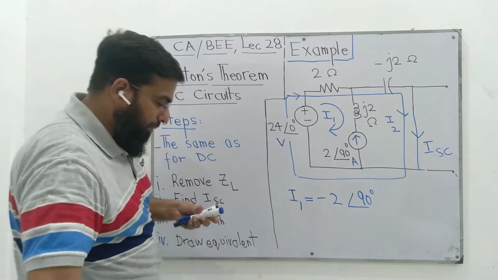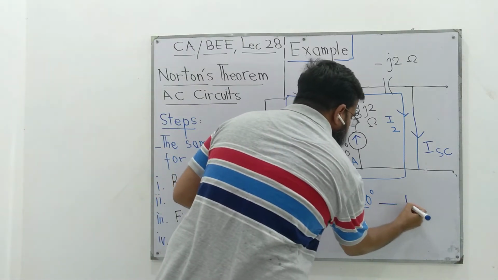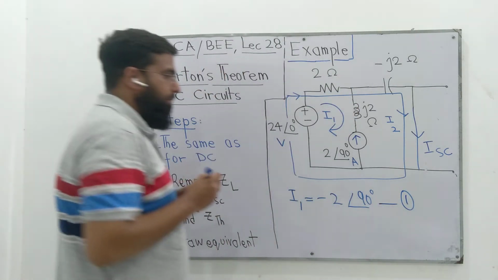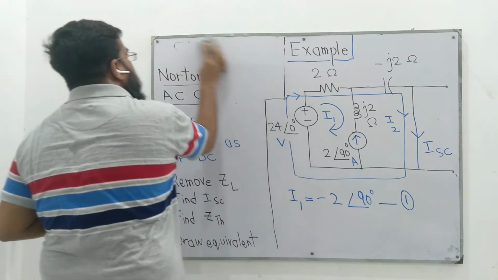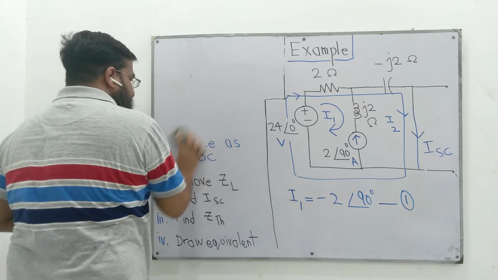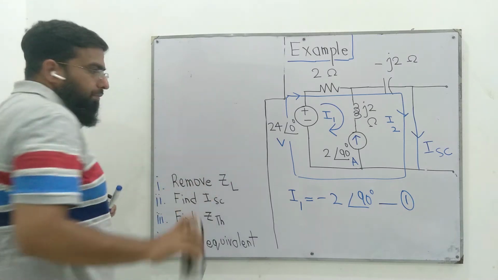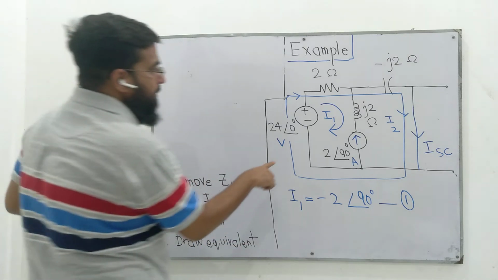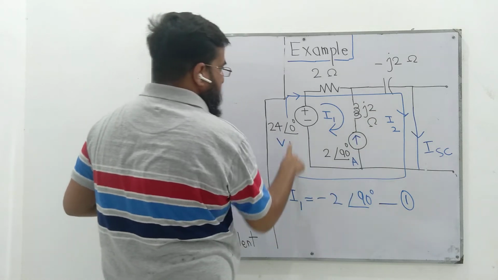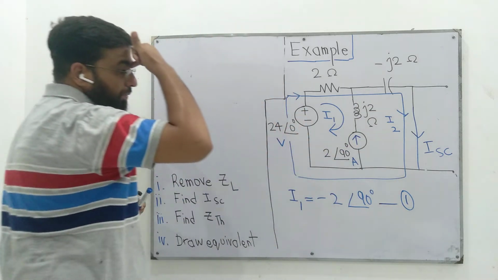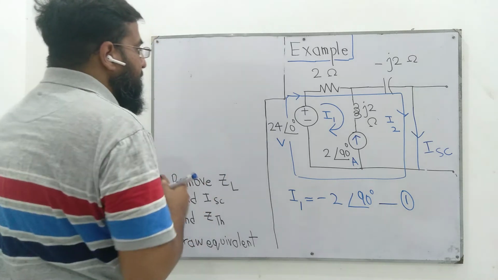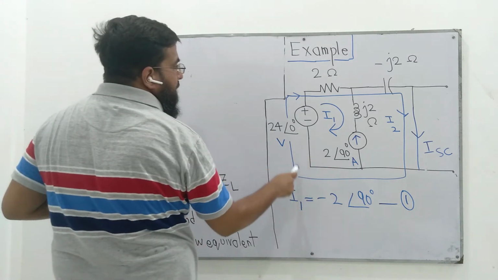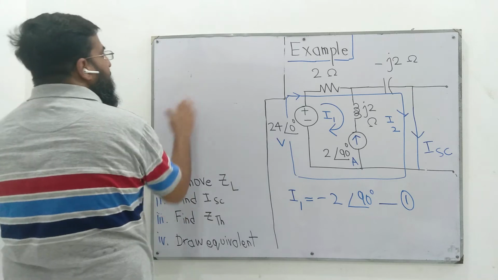This is our equation number 1. Alright, equation number 2: we'll write the equation for this loop number 2. In this loop, we have this source where the presumed current enters from the negative side of the source.